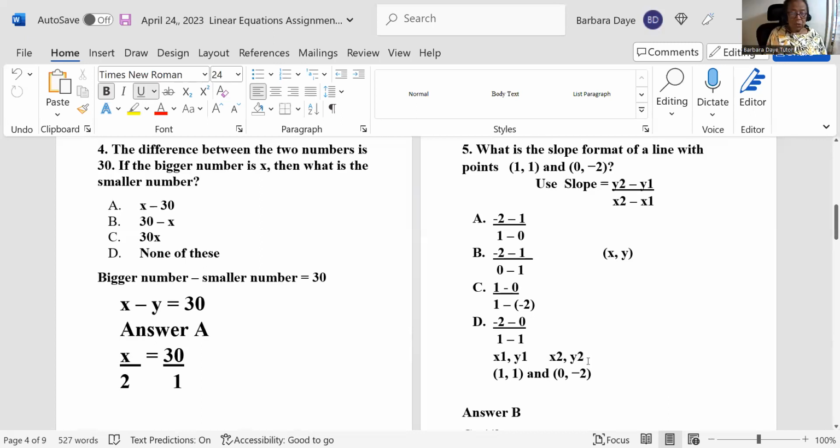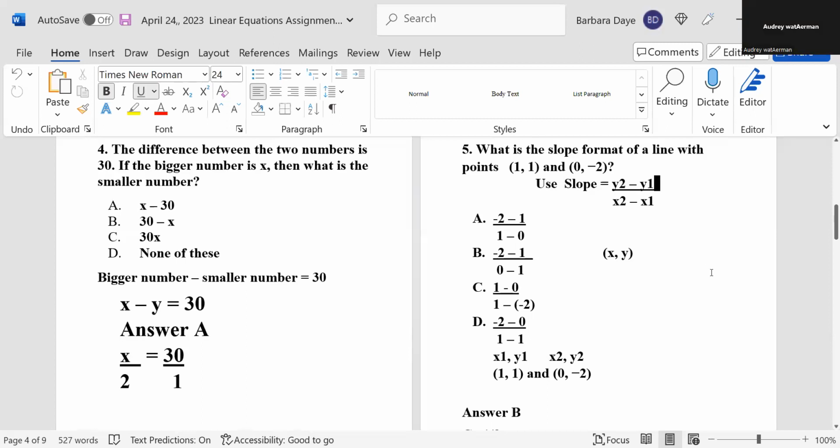The -2 goes with the 0, the X2. These are pairs. So if I have a -2 here, I have to have a 0 X here, and of course the -1 and the X here. Once you label them, you substitute those values into this equation, the difference of Y divided by the difference of X. Mercedes, is that clear?